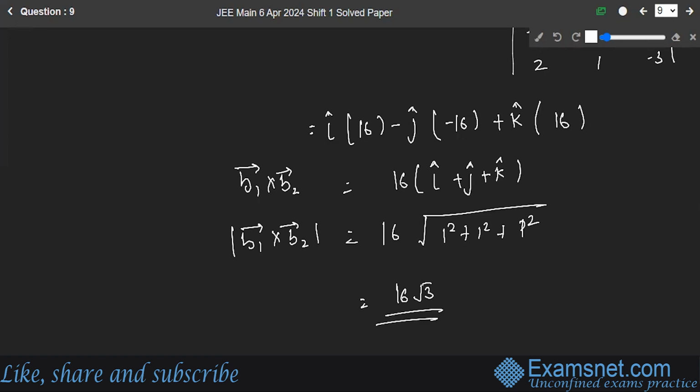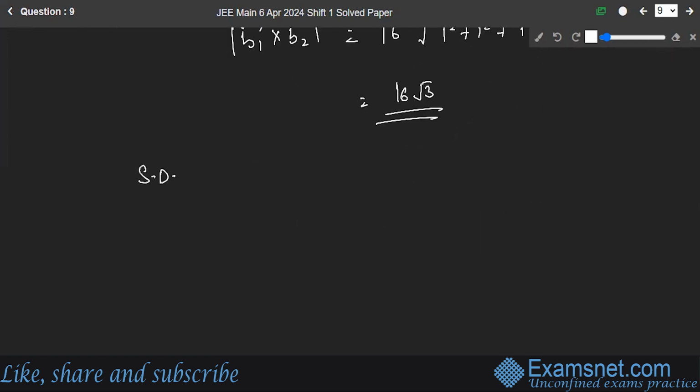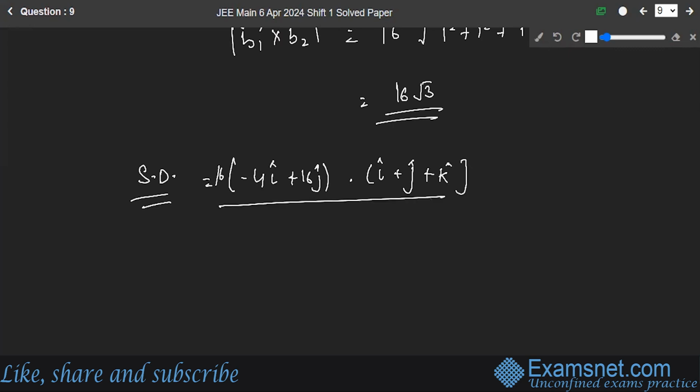Now let's find out the shortest distance. We have everything before us now. So this was given by A2 minus A1, which is minus 4i plus 16j. So this is in the dot product with the B1 cross B2, which is 16. So I'll write 16 over here, i, j and k, whole divided by the magnitude of B1 cross B2, which is 16 root 3.